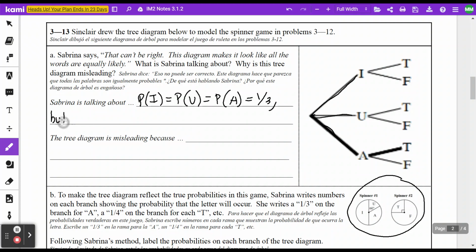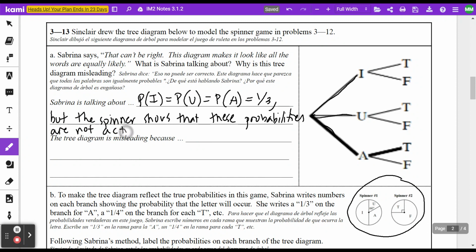But the spinner shows that these probabilities are not actually equally likely, period. And that's why the tree diagram is misleading.